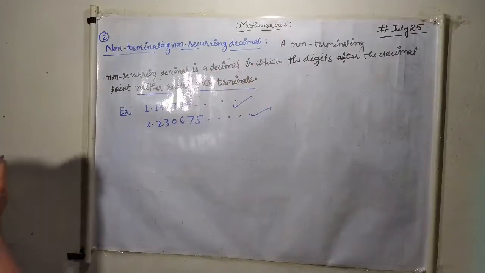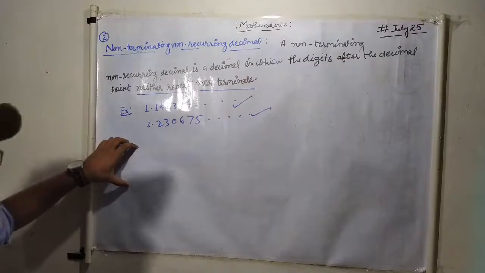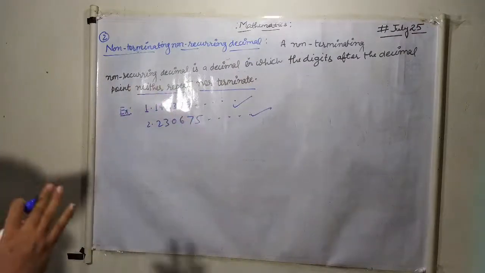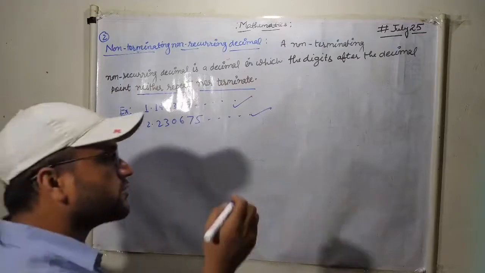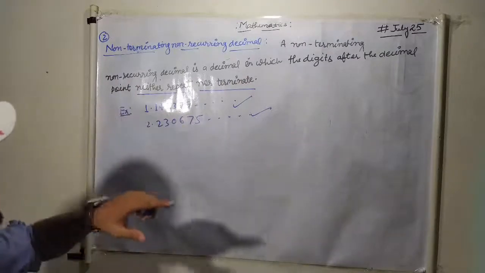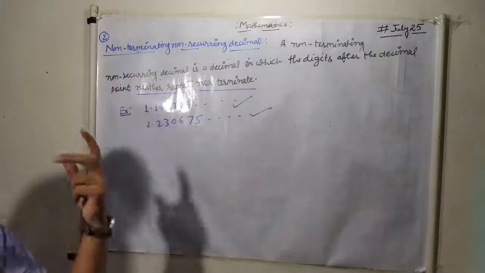So students, if you are converting a rational number or a fraction into a decimal, these 2 points are very important. First one is a terminating decimal and second one is a non-terminating decimal. In non-terminating decimal, there are 2 parts.